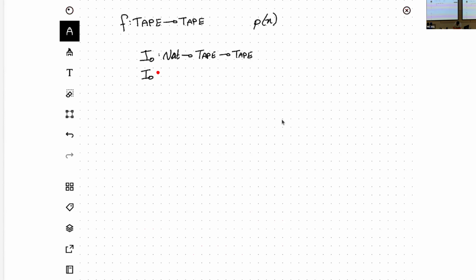That's just iter, and the base case is the identity transformer in the step case. Okay, and again, I've curried the iterator like that. And then this does something linearly many times.